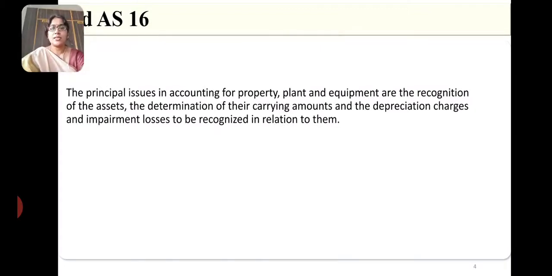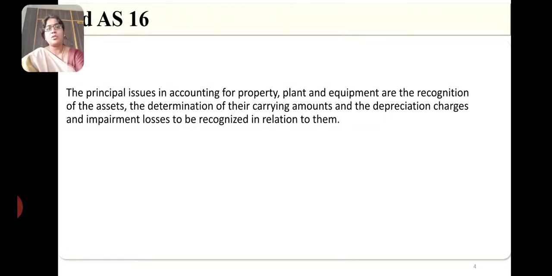So, what is Ind AS 16 basically? The principal issues in accounting for property, plant and equipment are the recognition of the assets, the determination of their carrying amounts, and the depreciation charges and impairment losses in connection to them.